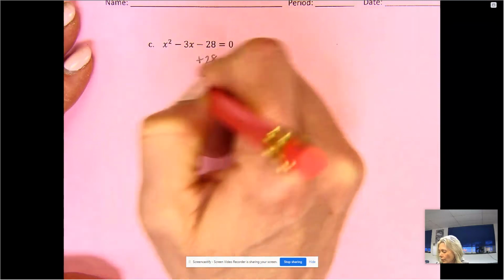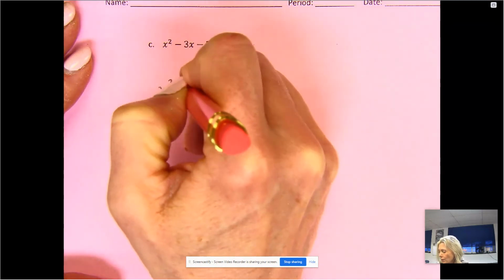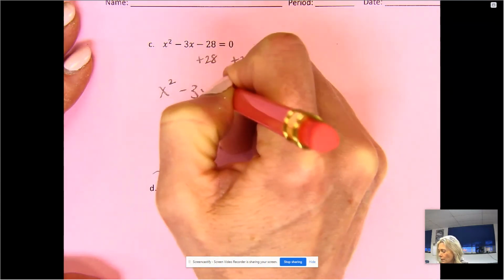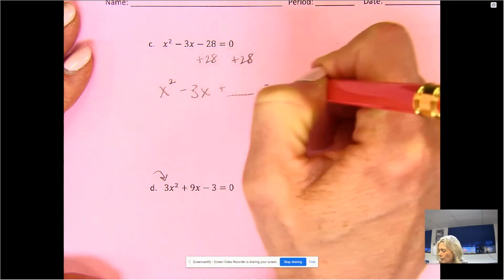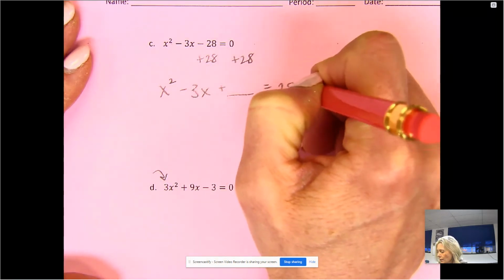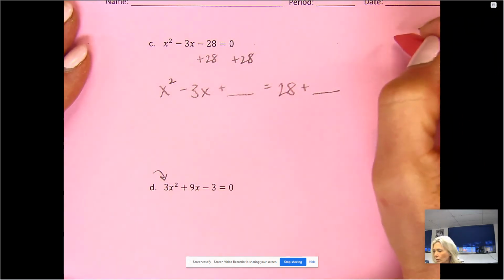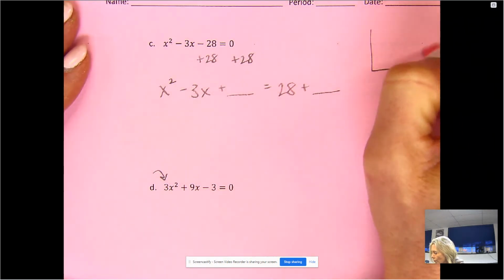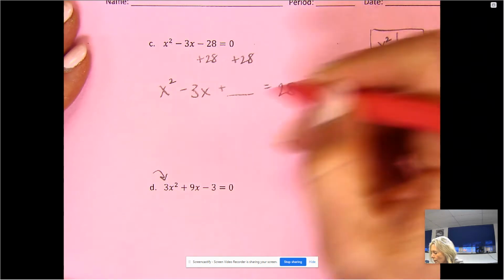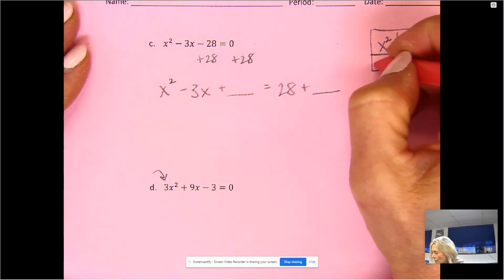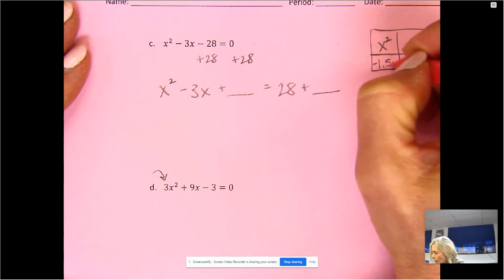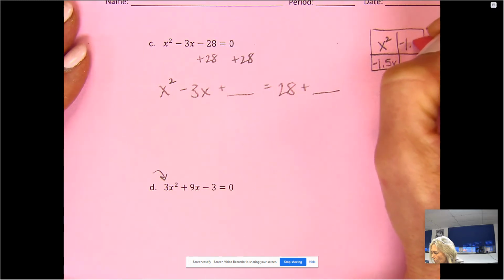So move the 28 over. X squared minus 3x plus blank equals 28 plus blank. And I'm going to just use my little box here to figure out what goes in the blank. So we have x squared and then negative 3x, negative 1.5x on each of these diagonals.